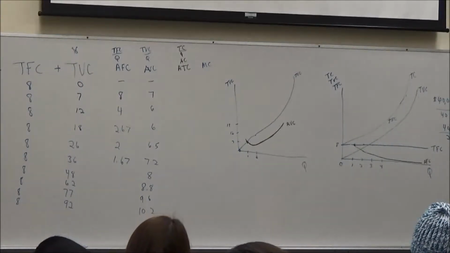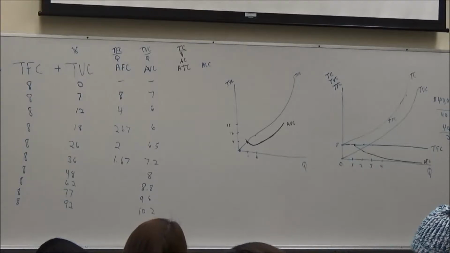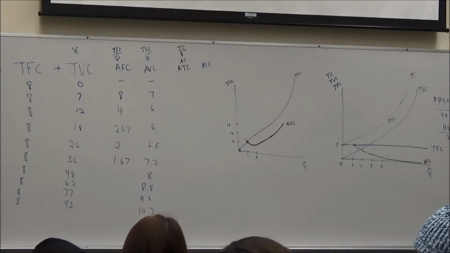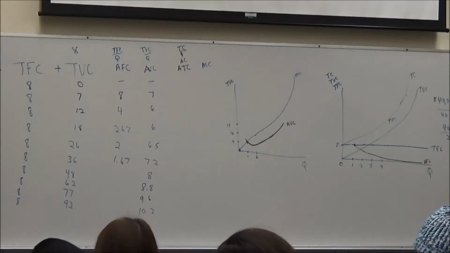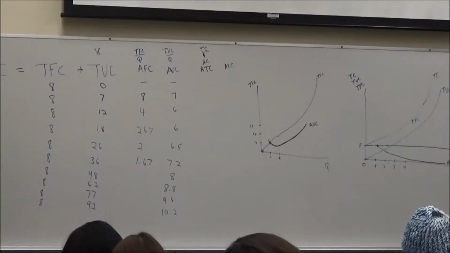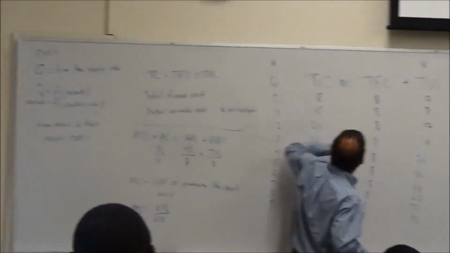Formula-wise, marginal cost is just your change in total cost over your change in quantity. So we have our total costs here. I can put it right here, make it easier.